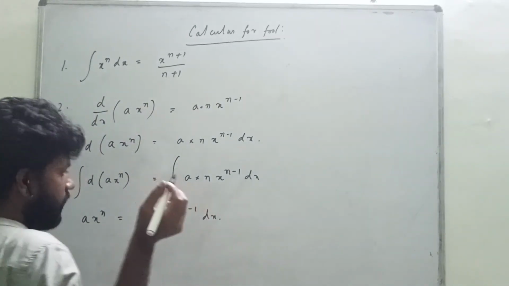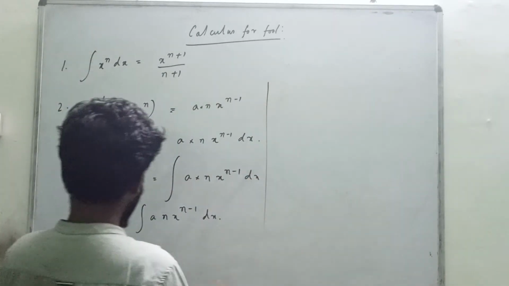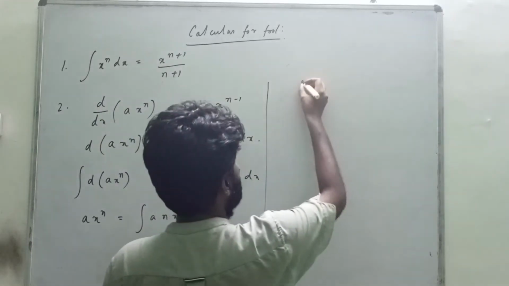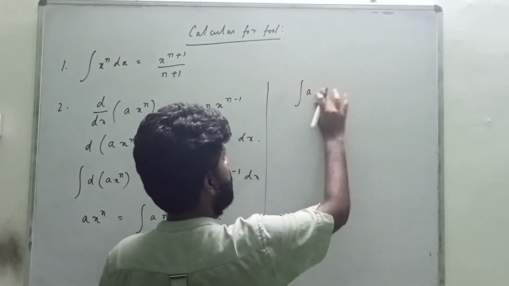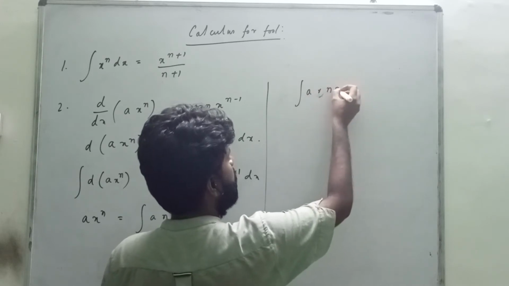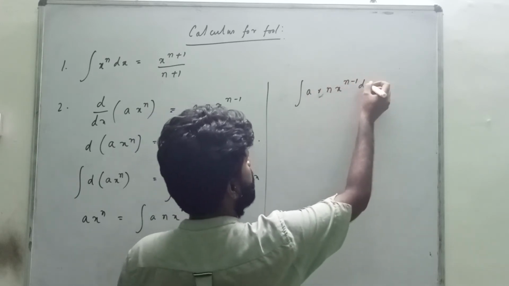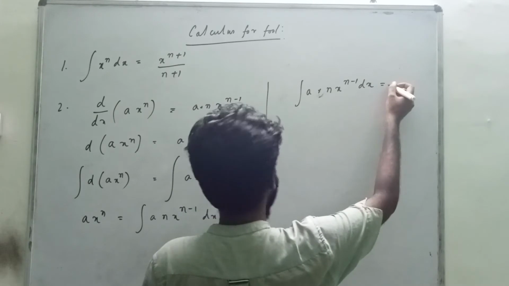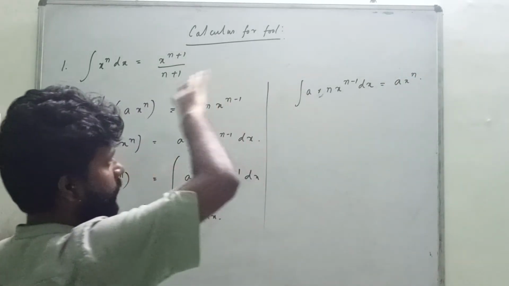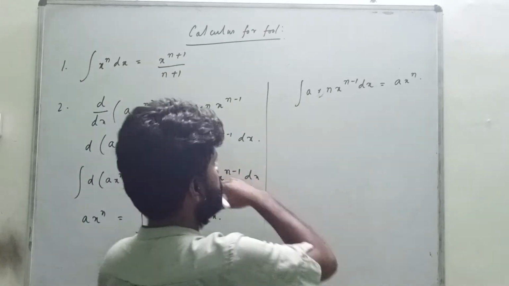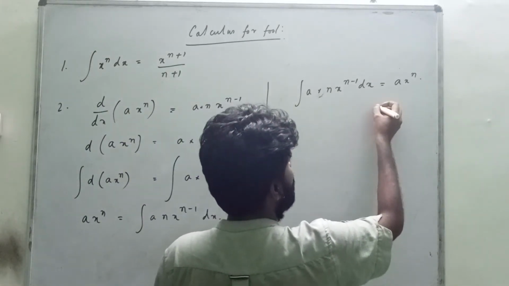So it is the integral of a into n x power n minus 1 dx equals a x power n, and I will follow the same procedure as in the previous calculation.